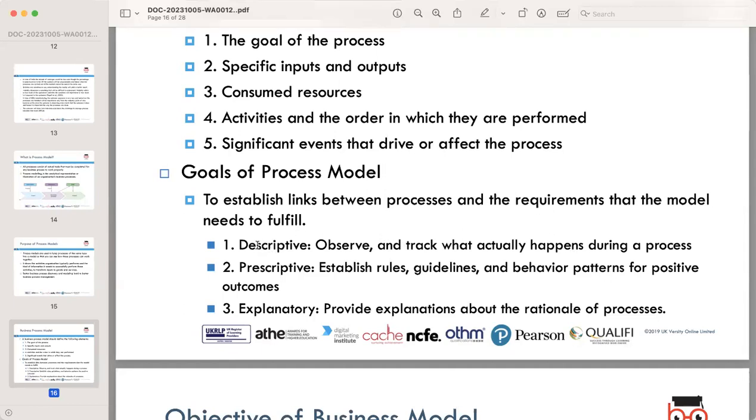So descriptive models provide observation and tracking of what actually happens during a process, and prescriptive process models can establish rules, guidelines, and behavior patterns to ensure positive outcomes and a standardized process.